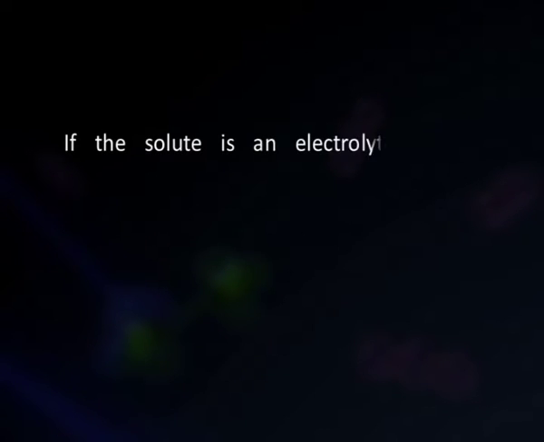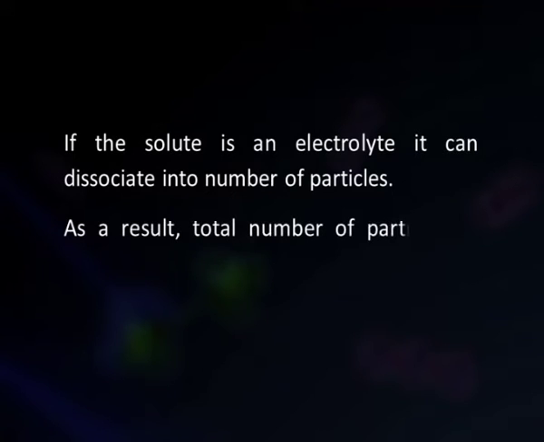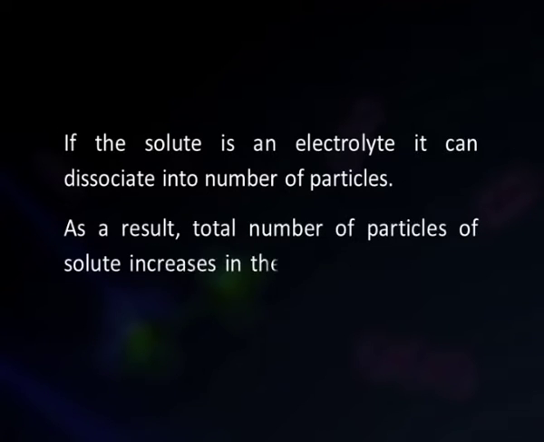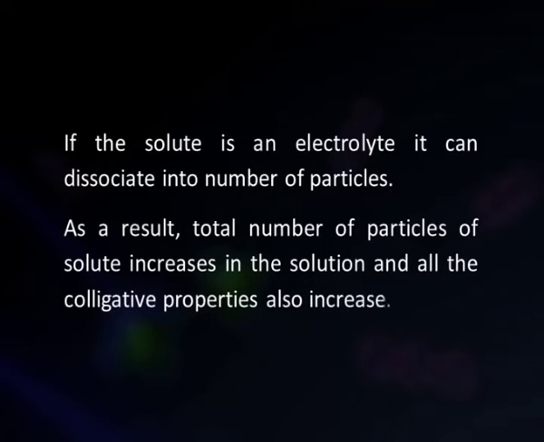The number of particles of the solute can change by two methods, one by association and one by dissociation. If the solute is an electrolyte, it can dissociate into a number of particles. As a result, the total number of particles of solute increases in the solution and all the colligative properties also increase.